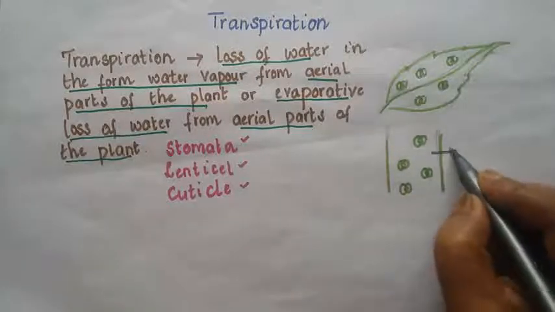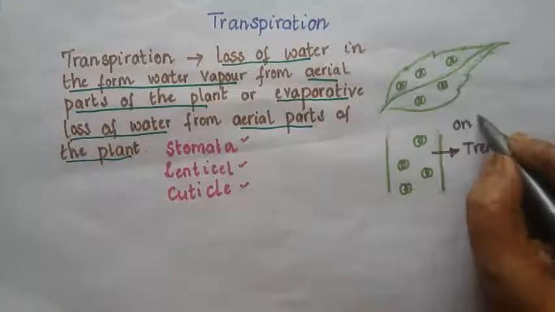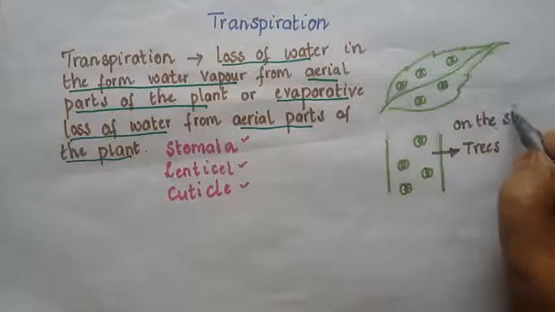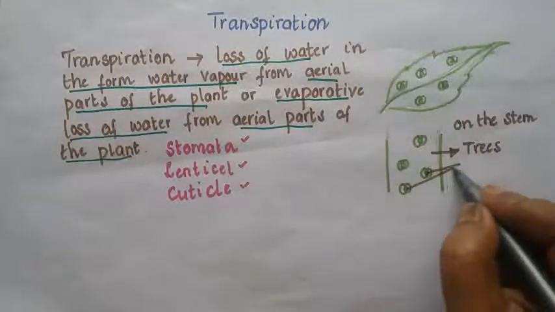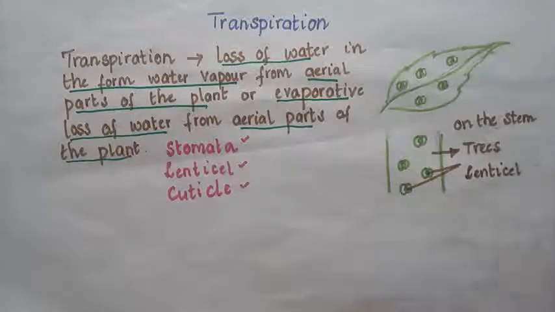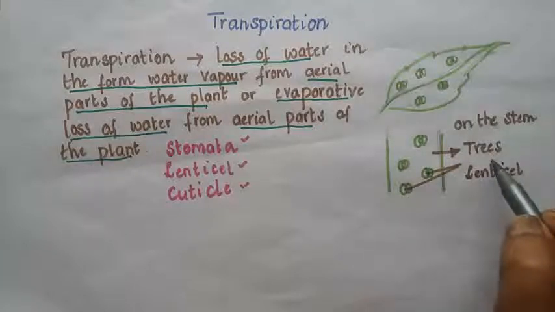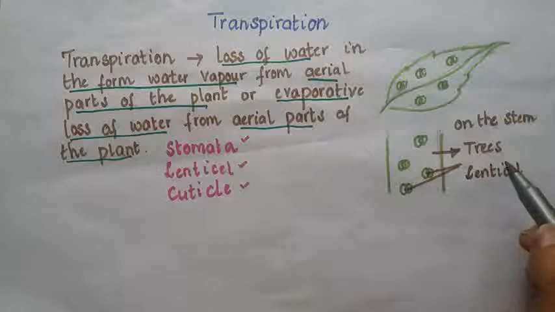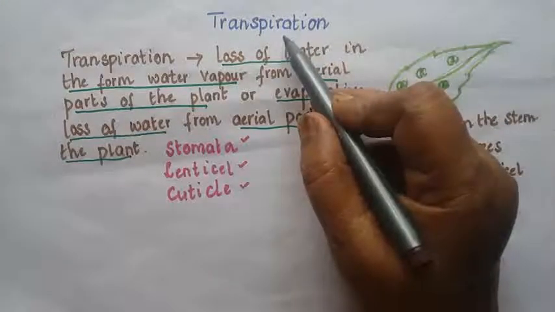On the stem of the trees, we find one more structure known as lenticels. So these are the lenticels which are found on the stem of the trees, especially the trees, not in the plants, which also takes part in transpiration.